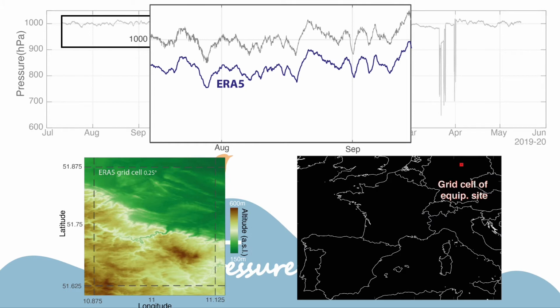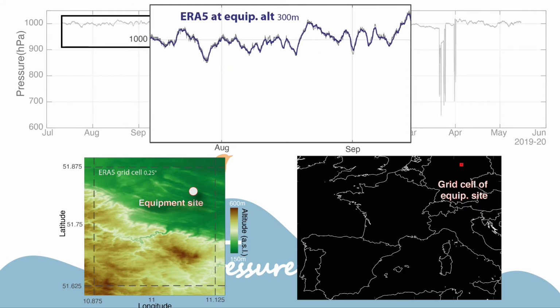A wide range of elevation exists within the grid cell. But in this case, we actually know the exact location of the wryneck within this grid cell and can translate the ERA5 time series to that specific elevation using the barometric equation. The resulting time series shows a perfect match in both the temporal variation but also the absolute value.